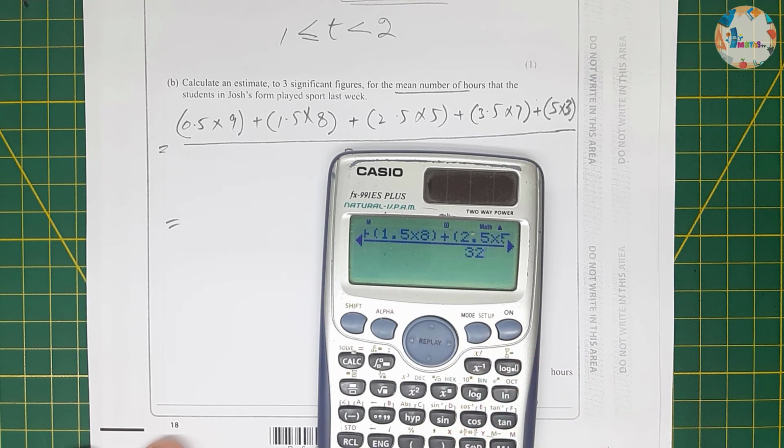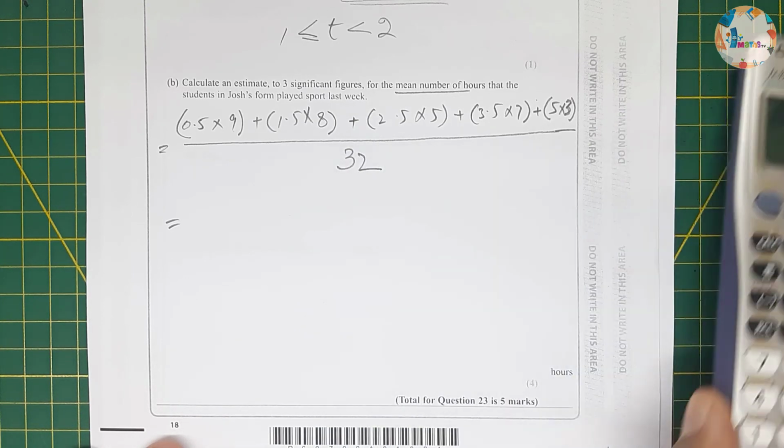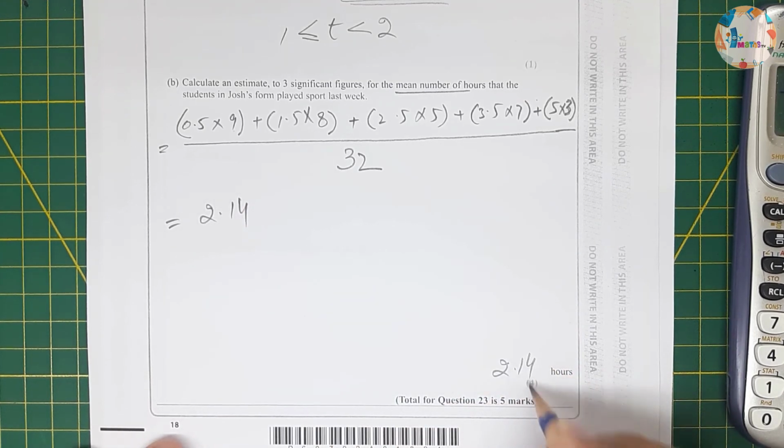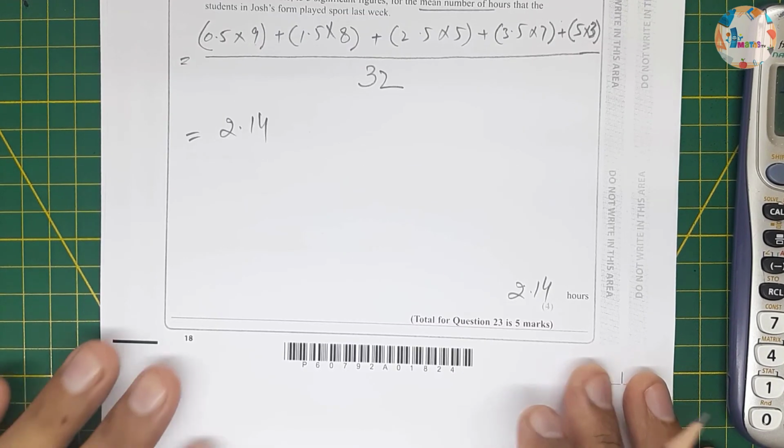Hopefully I have written everything correctly, so this will be 2.14. So our answer will be 2.14 in the proper location. This is done.